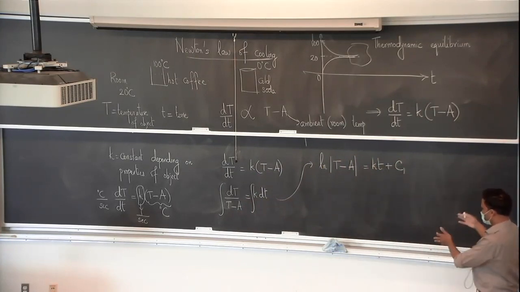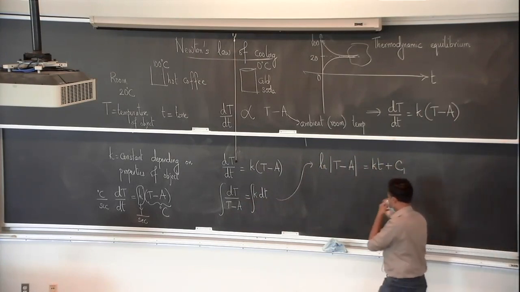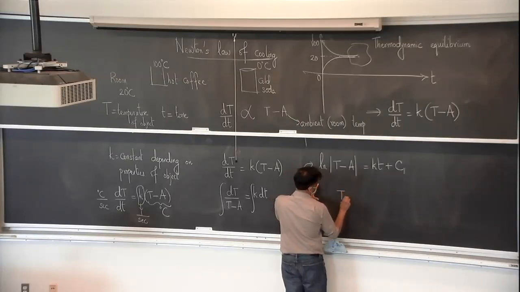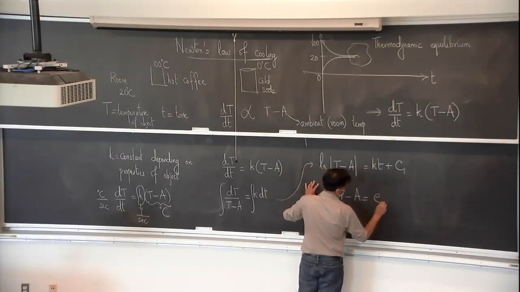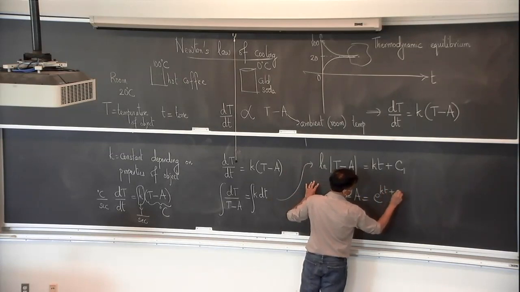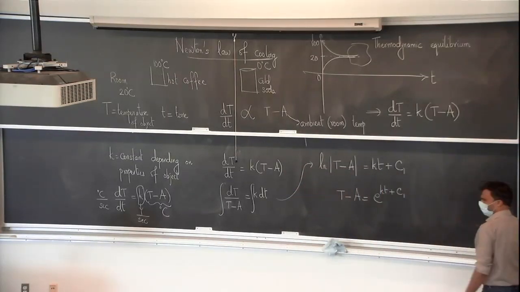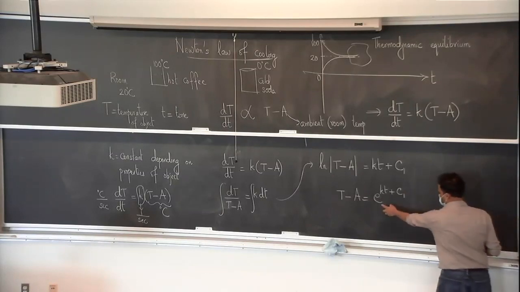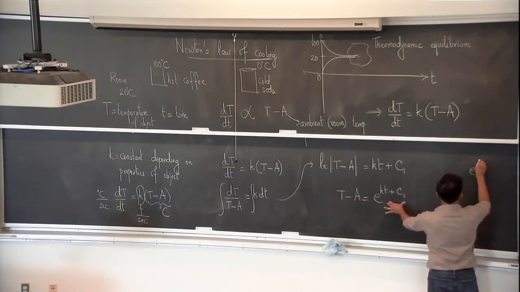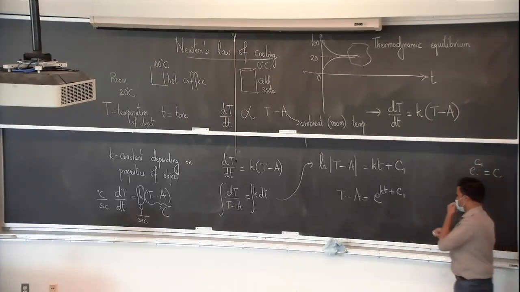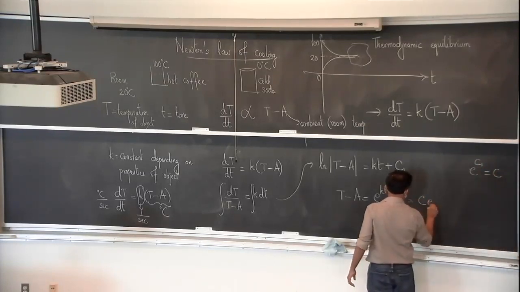I'm reserving the c for later use. So kt plus c1, raise both sides to the power of e. So it's going to be T minus A equal to e to the power of (kt plus c1). We did this yesterday. If you have e to the power of something like this, you can call e to the power of c1 a constant c. So that's going to be c times e to the power of kt.